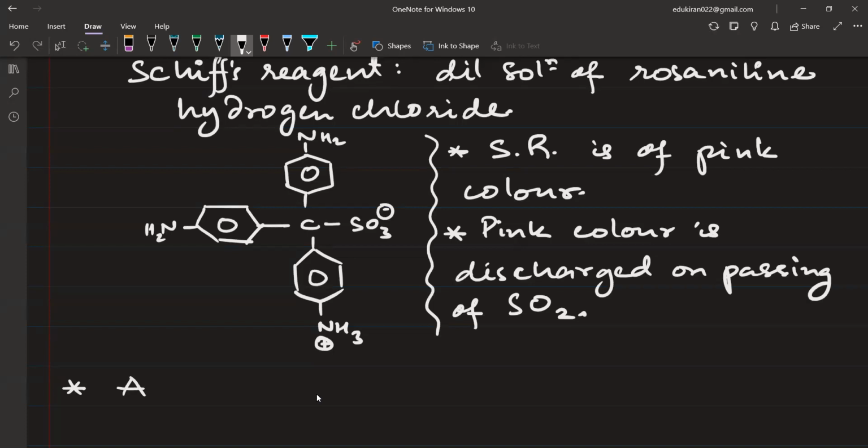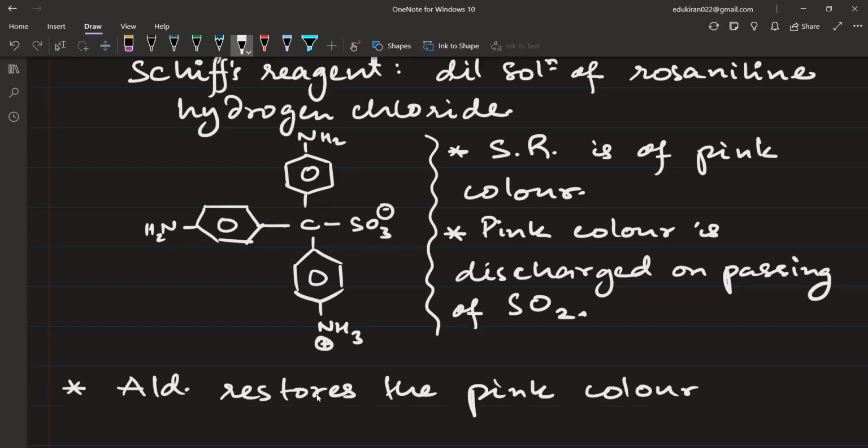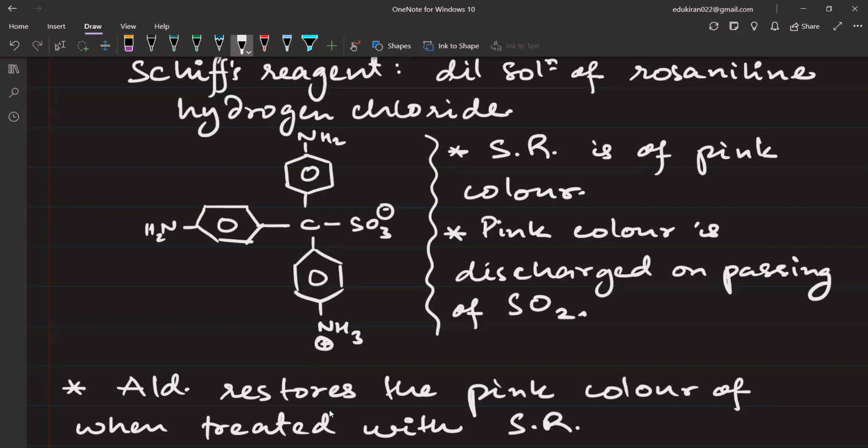ओके, प्लीज राइट. Aldehyde restores the pink color when treated with Schiff's reagent. ये जो है ना आपका ये स्ट्रक्चर, this is decolorized Schiff's reagent.